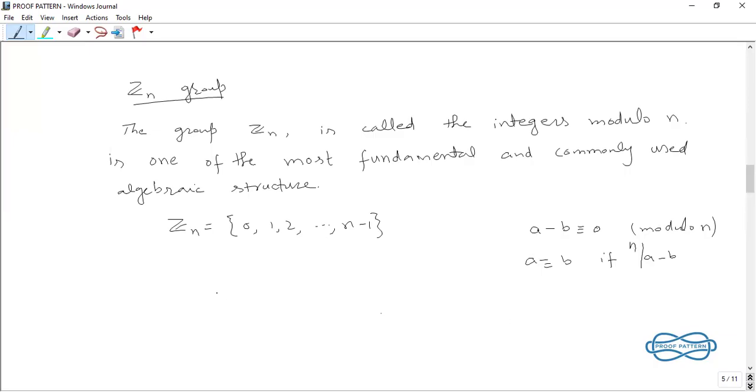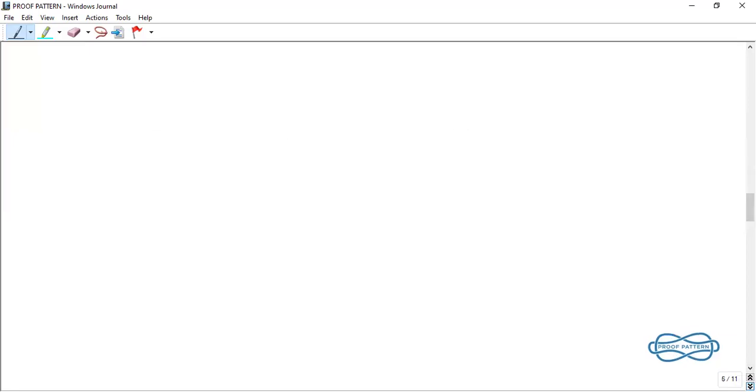Okay, now we see the structure of the group Zn. We check the properties of a group. Consider Zn, which is equal to 0, 1, 2, up to n minus 1.